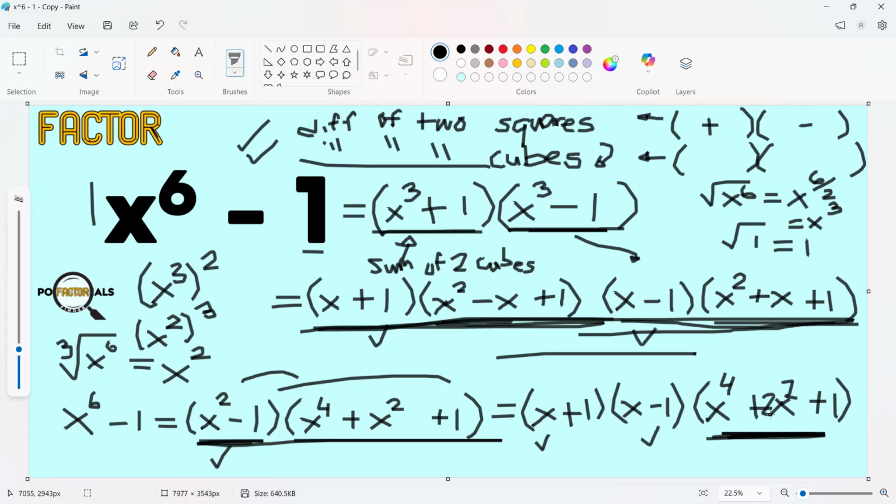For a general quadratic trinomial, your a here is 1 and your c here is 1. So the AC method gives 1. The factors of 1 that, when added, will result in 1 is not possible, right? Because if you have 1 and 1, or negative 1 and negative 1, when you add them, you will not get positive 1 here. This is already okay.